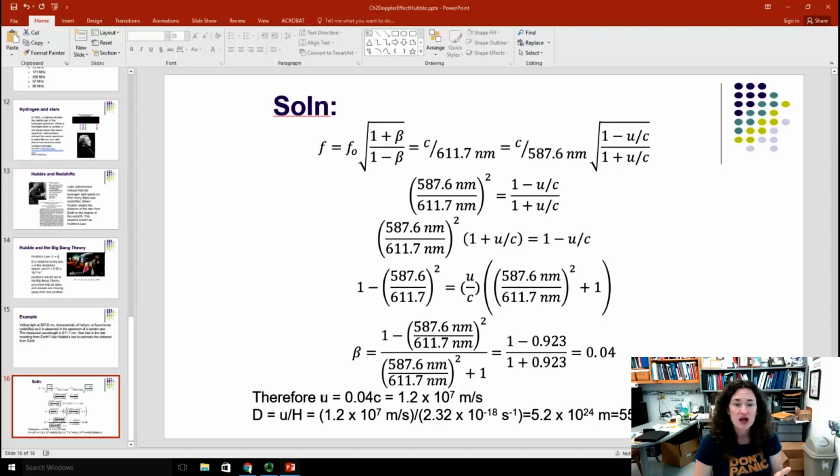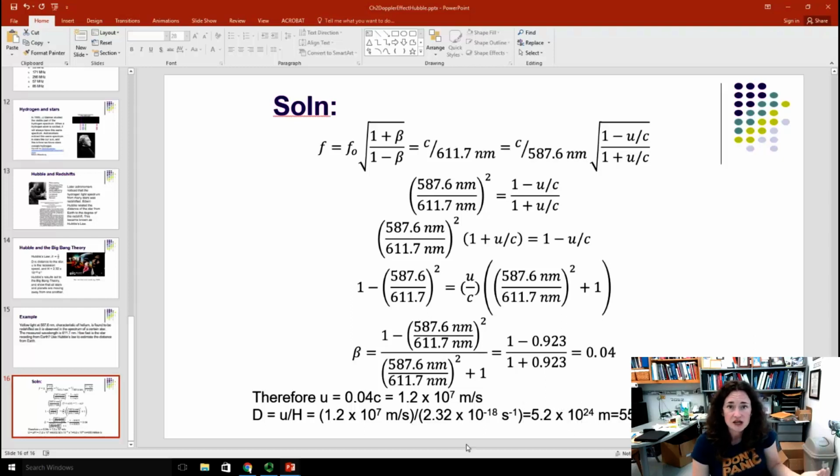And now I plug that speed, remembering to use my SI units here, the meters per second, into my Hubble's law equation. And then I end up with 1.2 times 10 to the 7th meters per second divided by Hubble's constant, 2.32 times 10 to the minus 18 inverse seconds. When I do that, I get a distance to the star of 5.2 times 10 to the 24th meters.